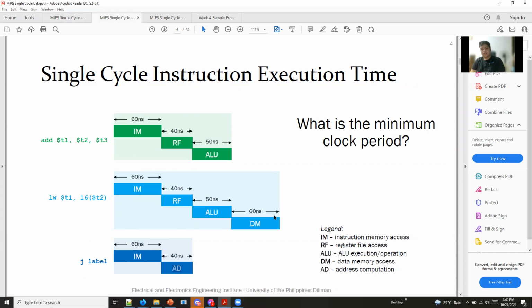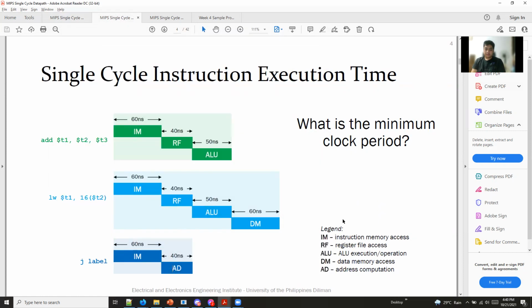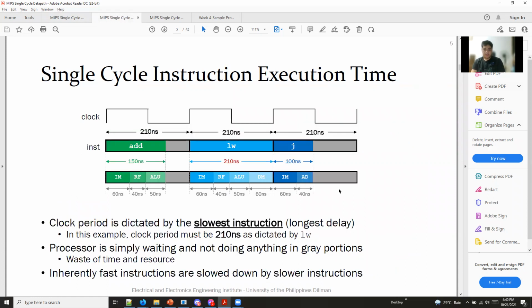So parang instead na 100 nanoseconds per instruction na lang if puro J, since nagdagdag ka ng isang load word na instruction, lahat ng J instructions na yan ay 160 nanoseconds. So parang pinapabagal niya yung buong thing or yung buong operation.